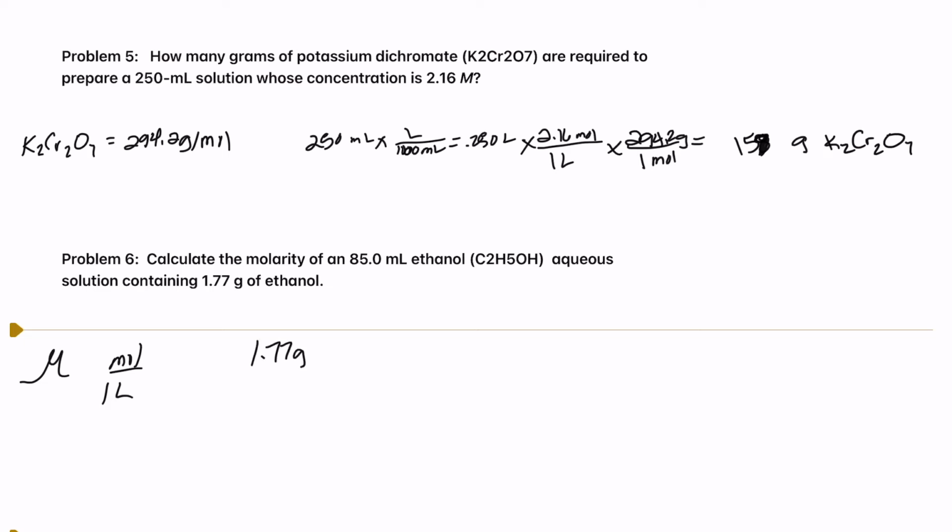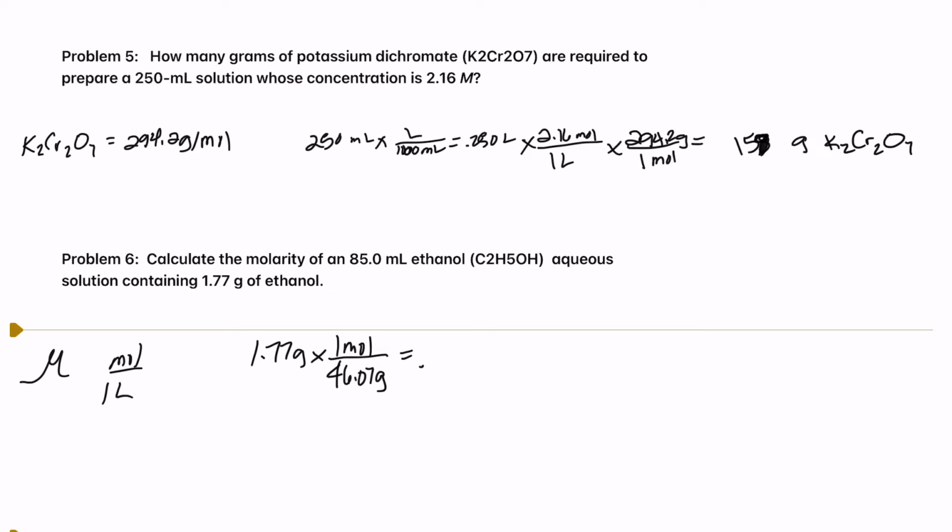Problem 6, calculate the molarity of an 85 milliliter ethanol aqueous solution containing 1.77 grams of ethanol. So again, I'm looking to get moles per liter here since I'm calculating molarity. My given is 1.77 grams. So the first thing I'm going to do is get out of grams and get into moles. So I'm given 1.77 grams.